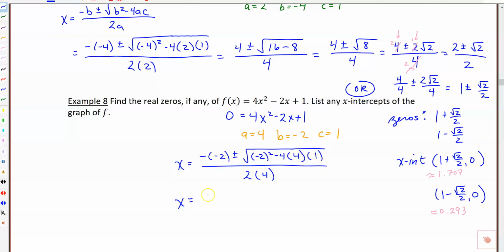So x is equal to 2 plus or minus the square root of 4 minus 16 all over 8. And here's where I start seeing something a little fishy happening. 4 minus 16 is negative 12. All right, so I can stop right there. This value, this negative 12, is my discriminant.